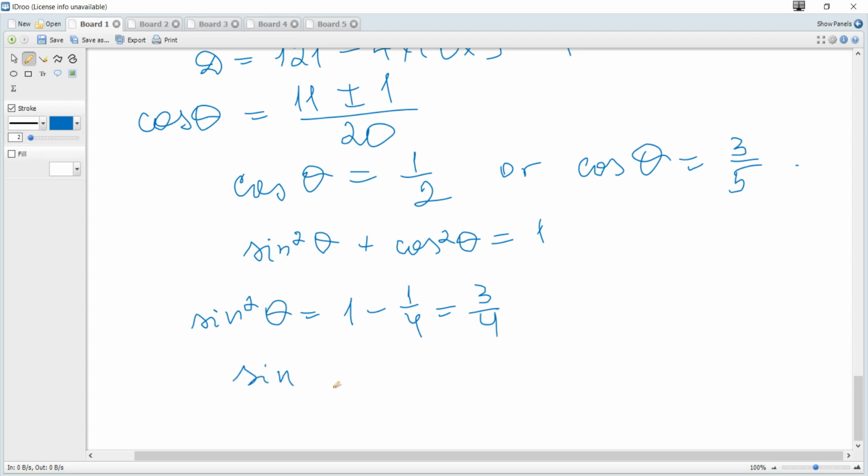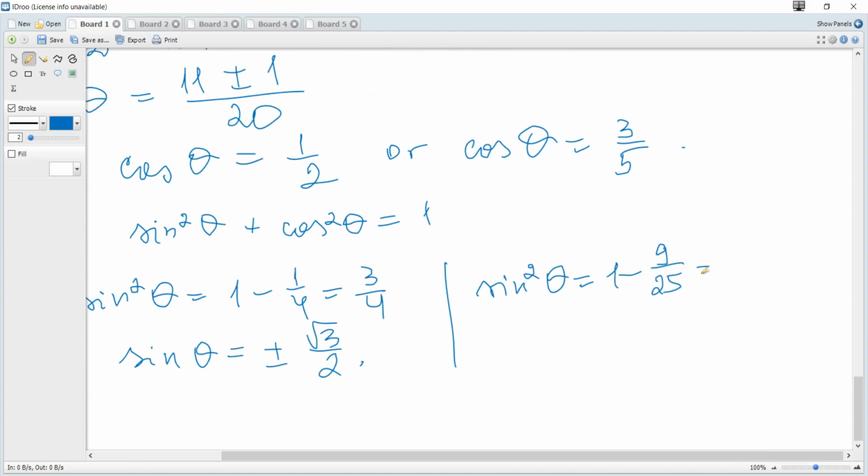Hence, sine is plus minus root 3 over 2. And here, sine squared is 1 minus 9 over 25, which is what? 16 over 25. So sine is plus minus 4 over 5.